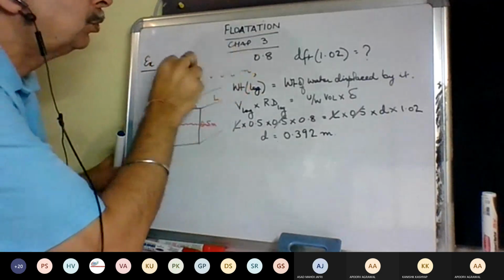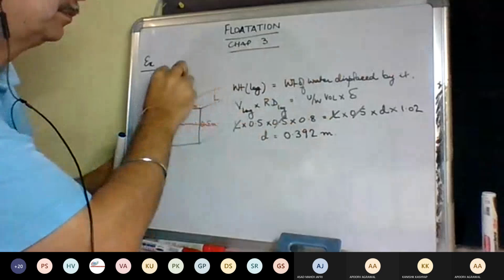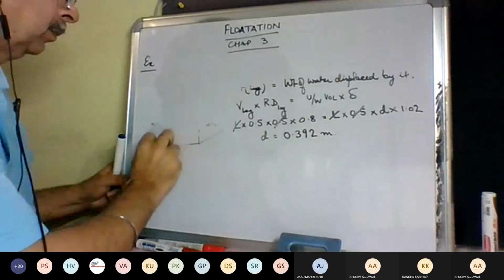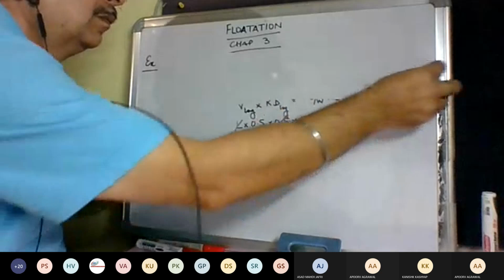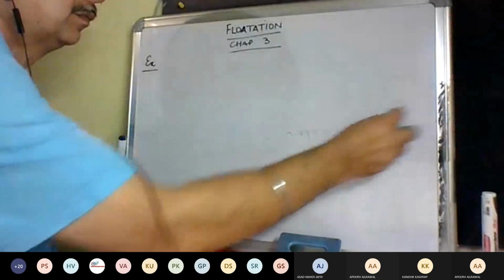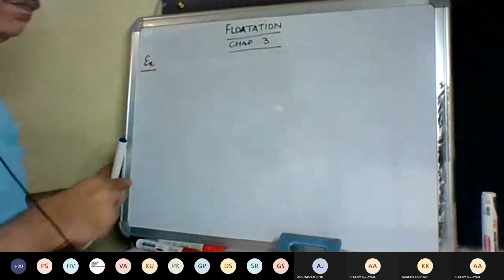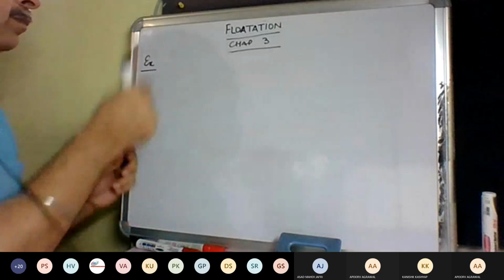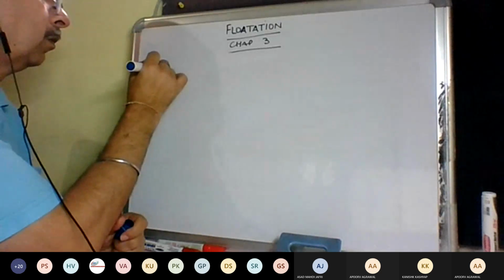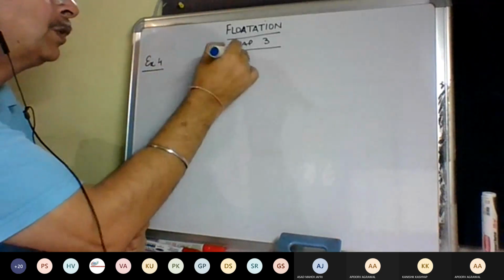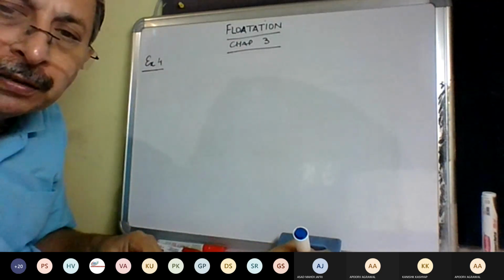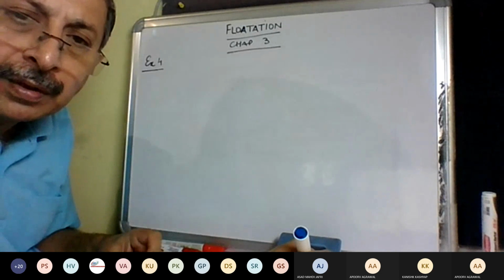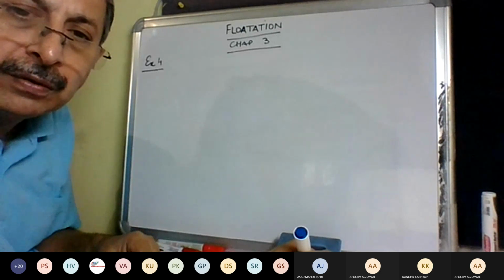So let's go to example 4. Example 4 says a hollow plastic cylinder of 1 meter diameter and 10-meter length.